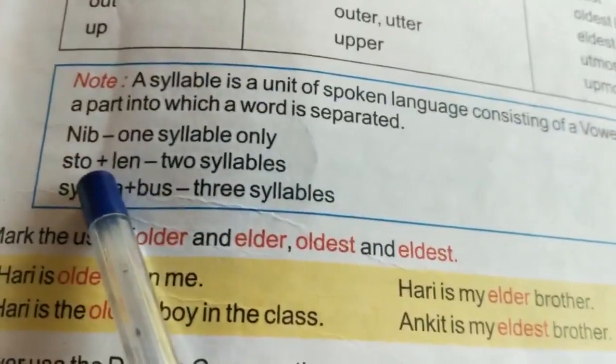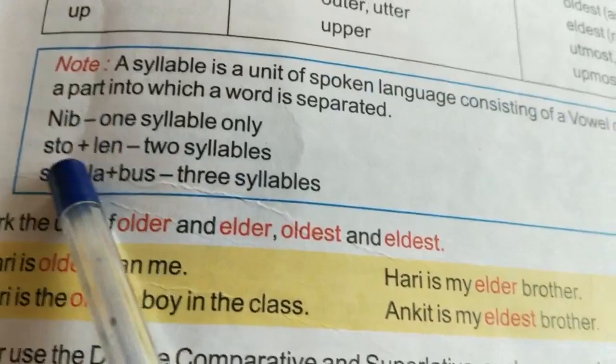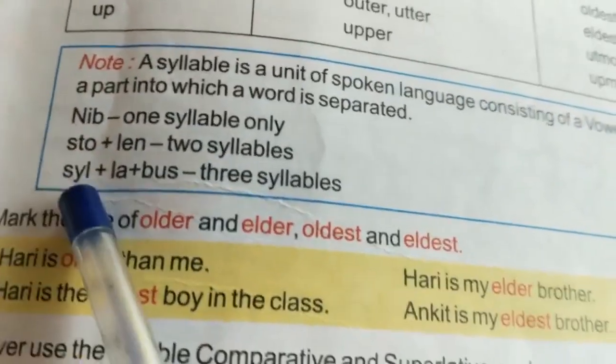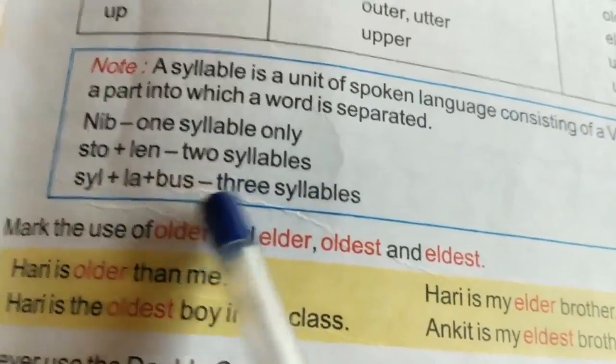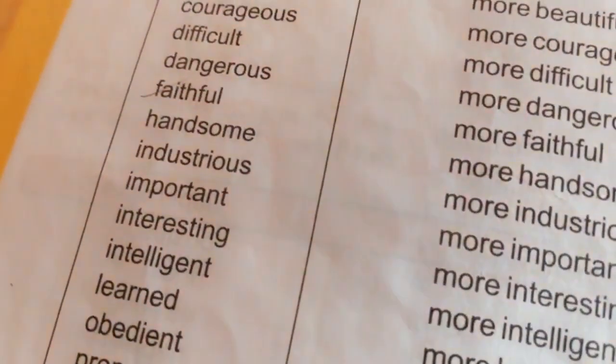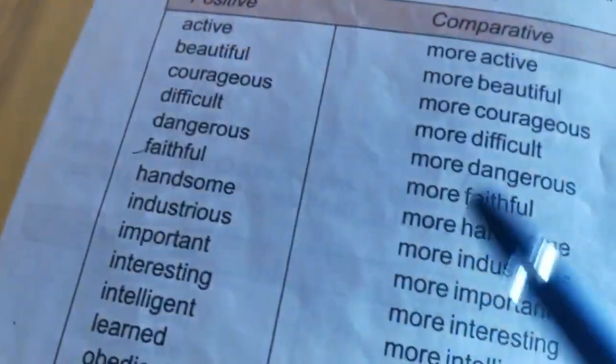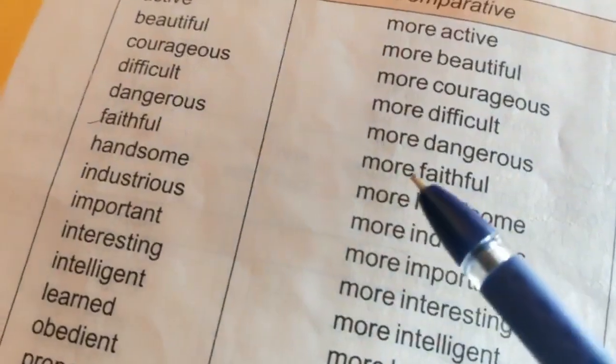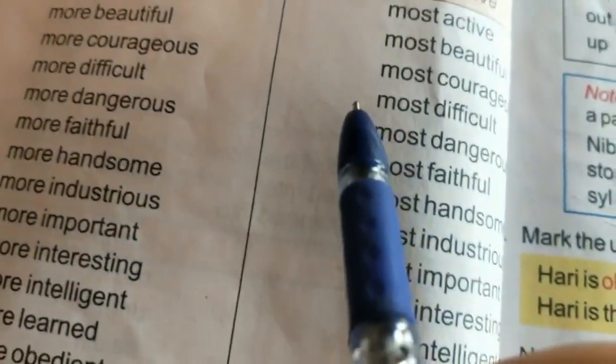Stolen, O is a vowel, E is a vowel, so 2 syllables. Understood? See, lay, bus, 3 syllables. So like this. Then here more is added into the comparative degree and most is added into the superlative degree.